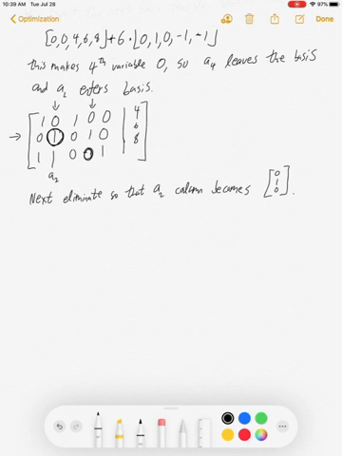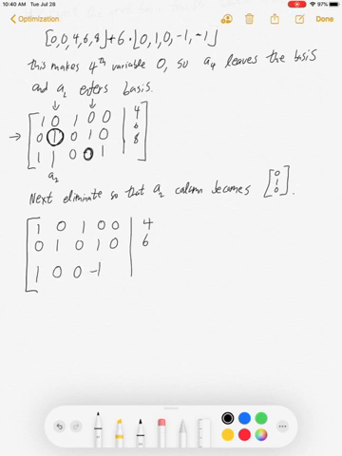So I'm going to subtract the second row from the third row in order to make that happen. So the first row and the second row are going to stay the same. And then I have 1 minus 0, that's 1, 1 minus 1, 0, 0 minus 0, 0, 0 minus 1, negative 1, 1 minus 0, 1, 8 minus 6, 2. So this is my new matrix after applying the first iteration of the simplex method.